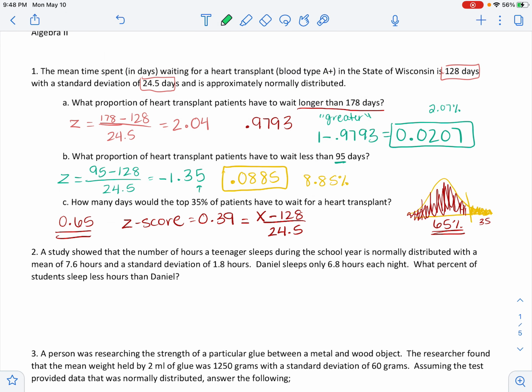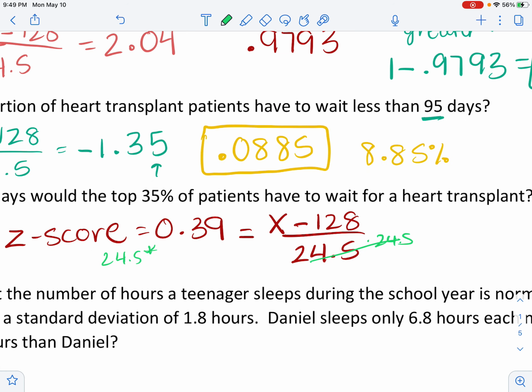All right, now I'm going to solve this. I'm going to start by multiplying both sides by the 24.5 because those will cancel. So times 24.5. And I get 9.555 equals x minus 128.